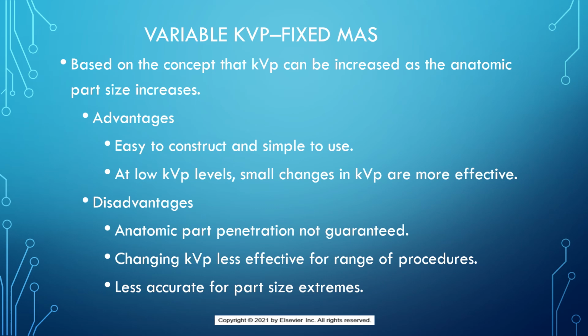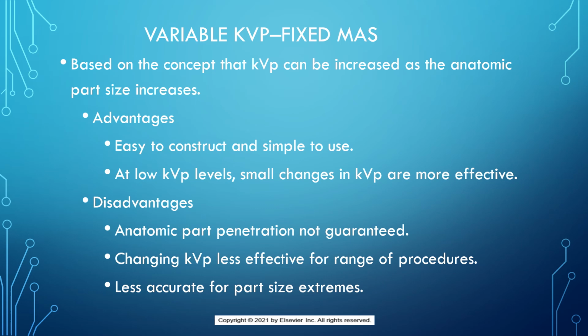When the part thickness increases, you should increase KVP. When the part thickness decreases, you should decrease KVP. It's just intuitive. If you understand KVP as penetration power, you understand it's easier to penetrate thinner parts. It's harder to penetrate thicker parts. So you should change KVP in proportion to part thickness. Could be more straightforward.